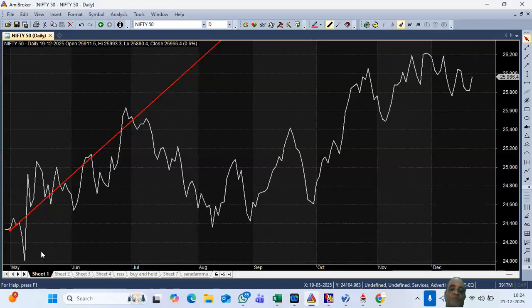Technically speaking, or going by standard textbooks, we must be able to identify well formed three or four tops or bottoms and connect them. For that, we have to wait, but if we wait that long, we will be losing so many trading opportunities.